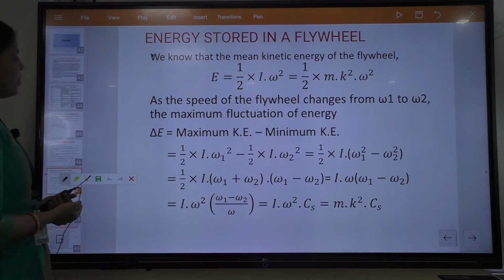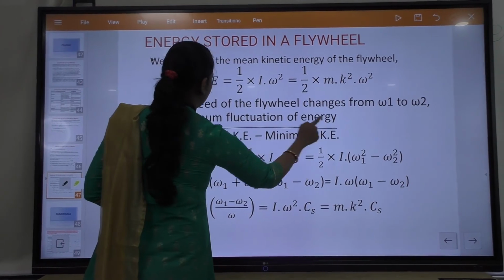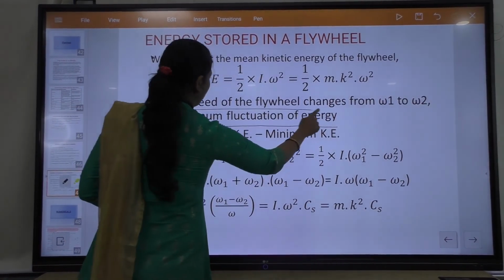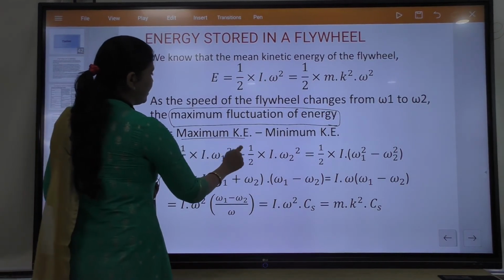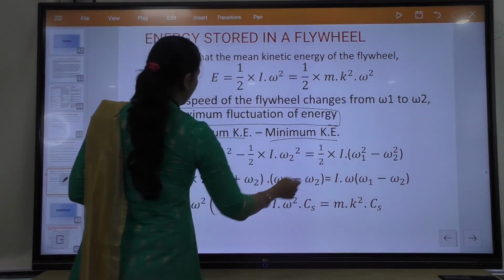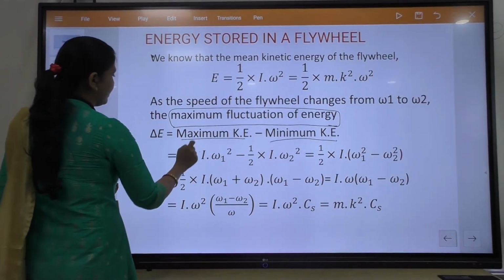Let us discuss about another concept, that is the maximum fluctuation of energy. So, maximum fluctuation of energy is the difference between the maximum kinetic energy and minimum kinetic energy. So, what is the value of maximum kinetic energy?